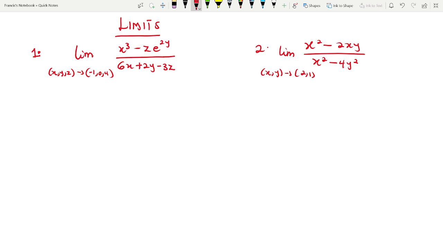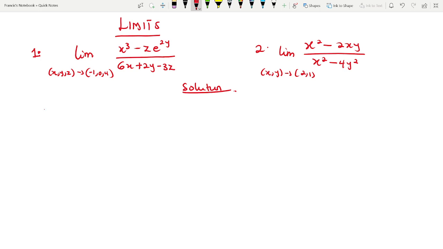So when you talk about limits of multivariable functions, this is where we are looking out for the behavior of a particular function as it approaches the specified point. Okay, so now let's take the first one.